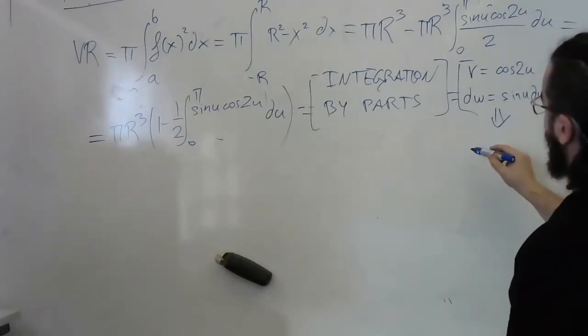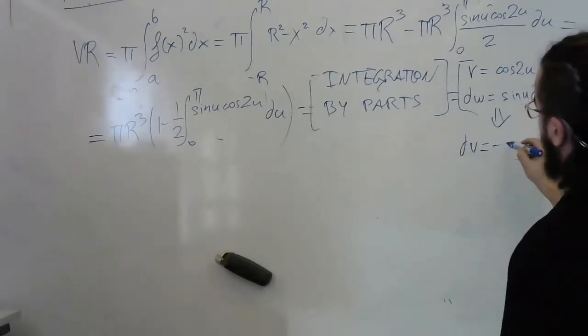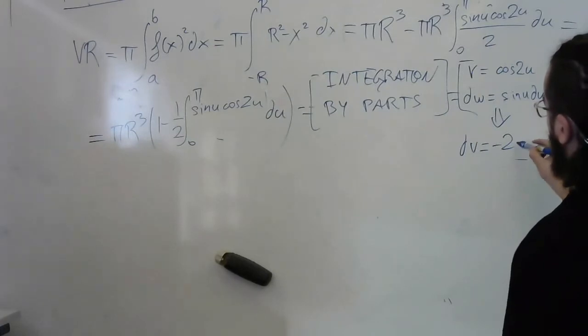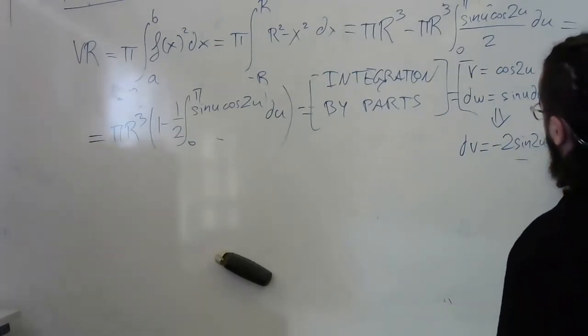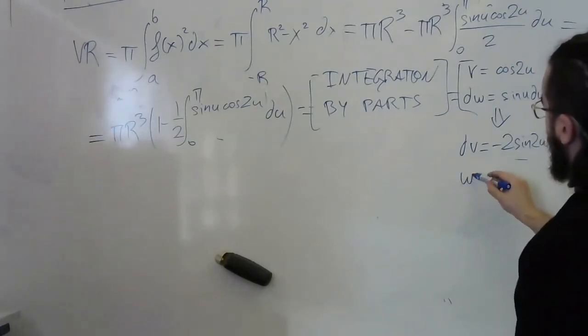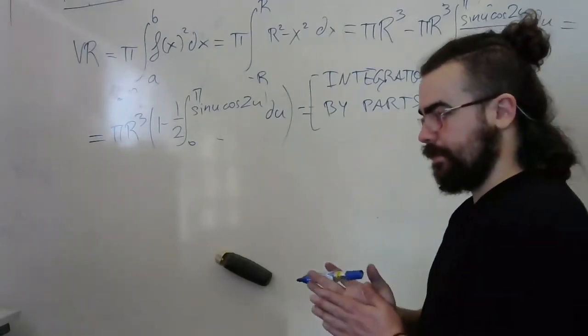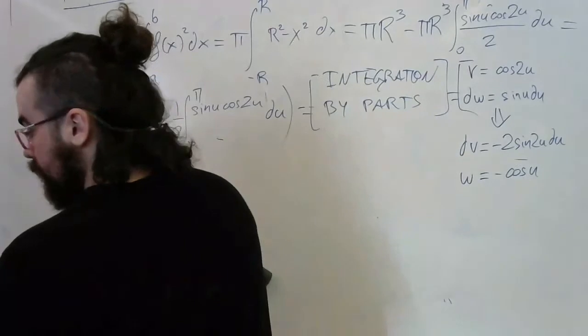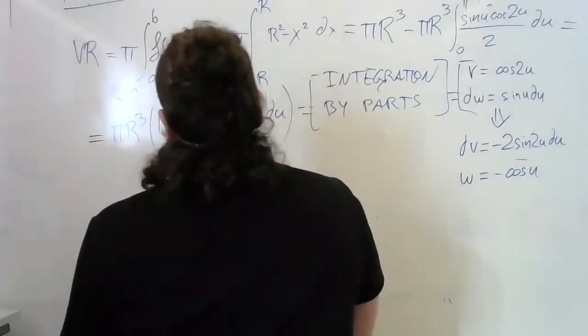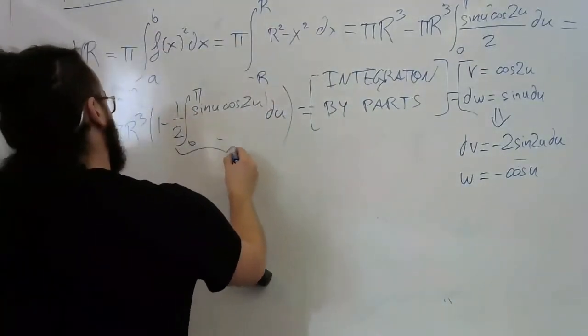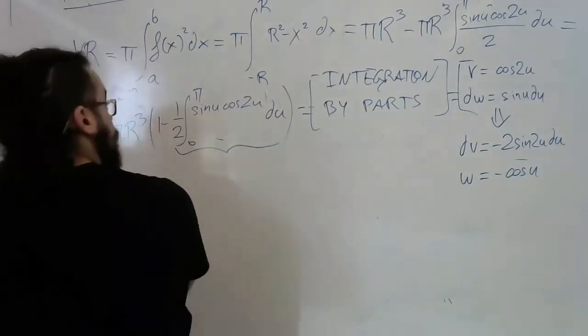And so when we swap them, we have the differential of v is minus 2 sine of 2u differential of u, and w is minus cosine of u. So if we integrate it by parts, I'm going to solve this equation separately.